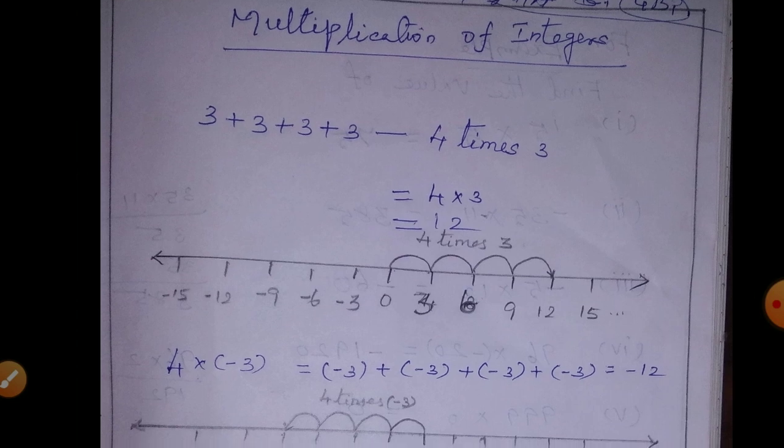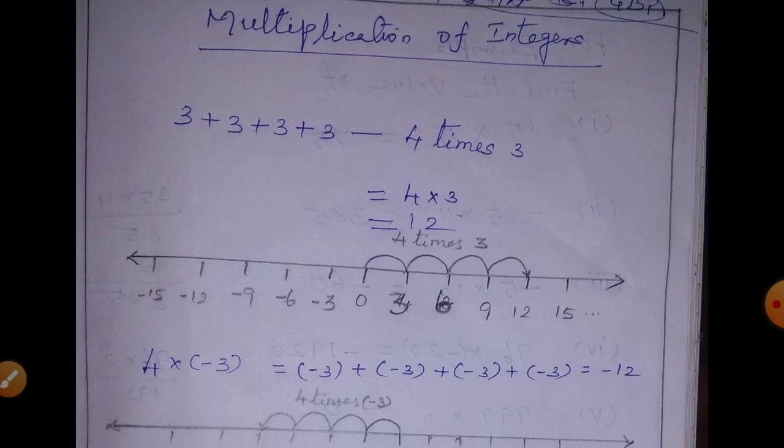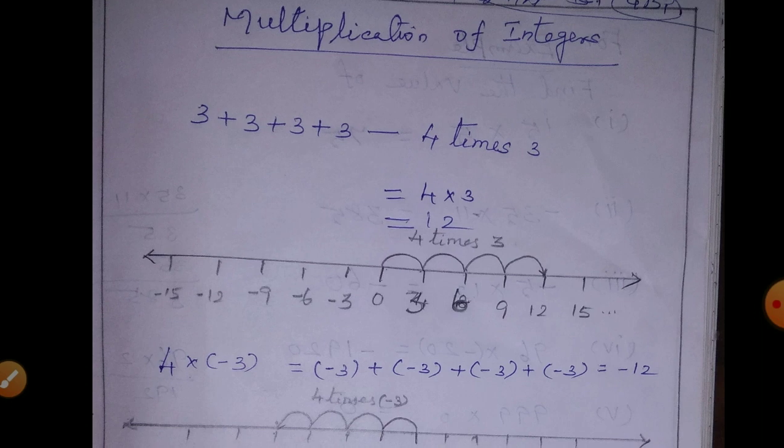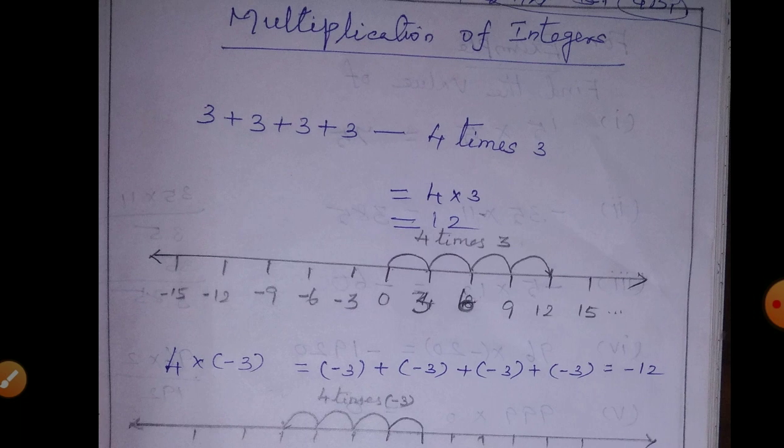Using the number line, from 0 the right side has positive integers and the left side has negative integers.